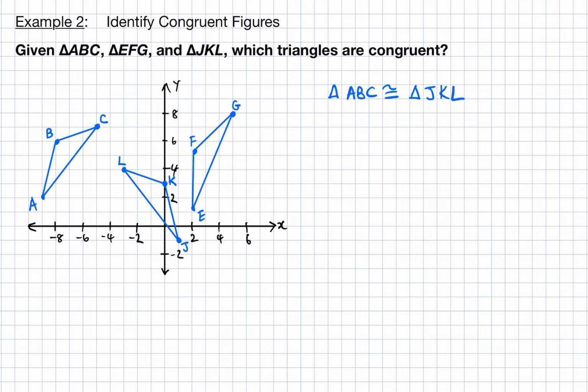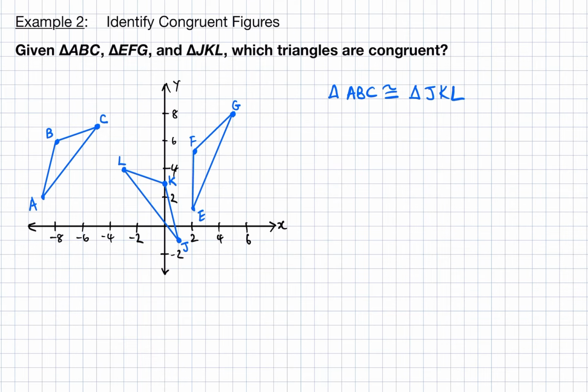All right, so that is how you identify triangles that are congruent. We start with one segment and compare it to another and see if they match, and if they do, then you move on to the second side of the triangle, and then to confirm, you verify the third side.